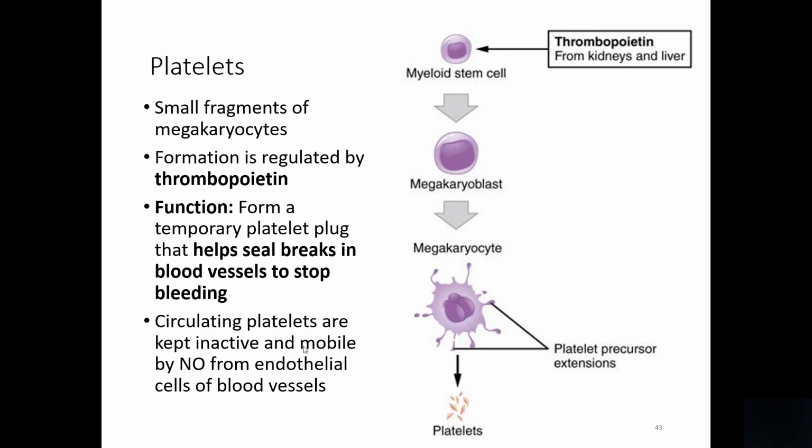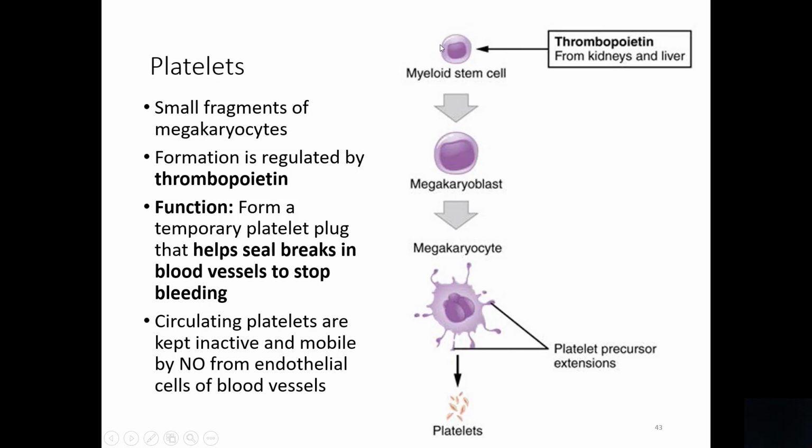So we have red blood cells, white blood cells, and platelets. Another name for them would be thrombocytes. And platelets are not cells technically, they are just cell fragments.